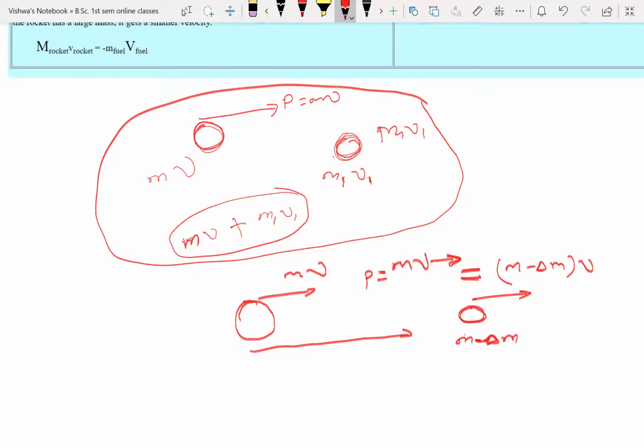Here mass decreases, so to maintain a constant momentum, the velocity should increase. Then it becomes v plus delta v. So this is the case of conservation of momentum in variable masses. If velocity decreases, mass should increase. That is not possible. If mass decreases, the velocity may increase. That is the case of a rocket.